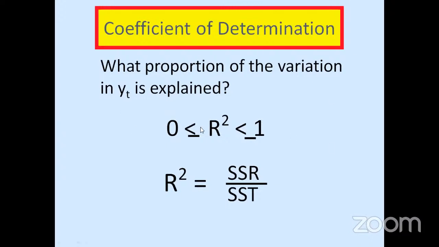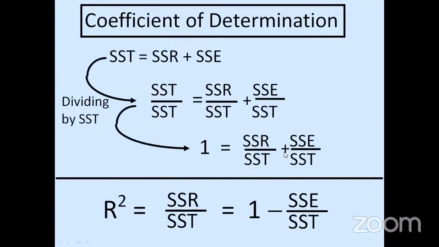So the range is 0 less than or equal to r square less than or equal to 1. So r square should always lie between 0 and 1. So r square actually focuses on SSR divided by SST. So regression sum of squares divided by total sum of squares.